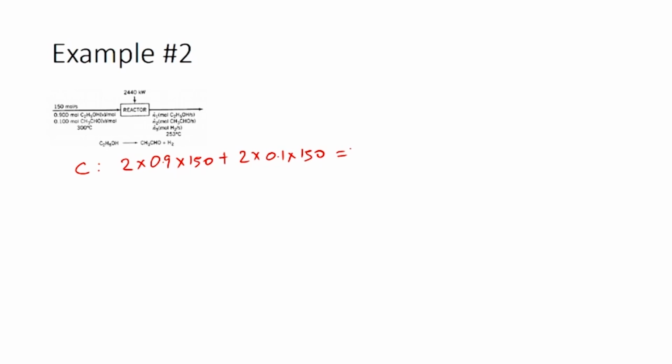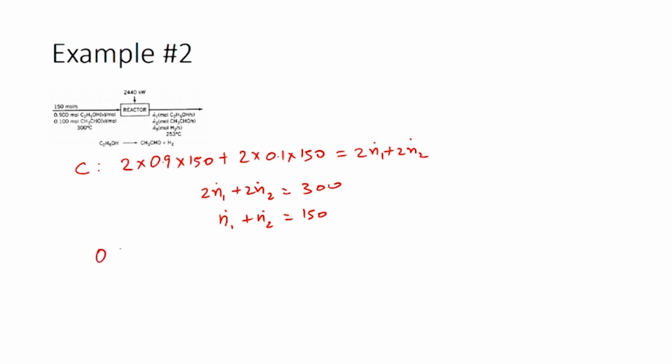Now let us see what the output equation would be. Output would be 2n1 dot plus 2n2 dot. So, we are left with 2n1 dot plus 2n2 dot equals 300, and the equation will simplify to n1 dot plus n2 dot equals 150.